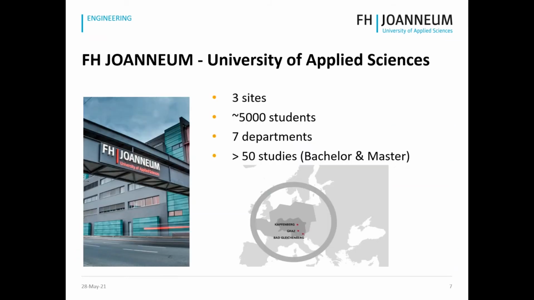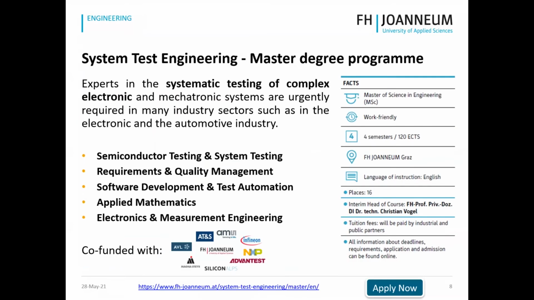All right, so the FH JOANNEUM, University of Applied Science, is located in Austria. It consists of 3 sites. There are more than 5,000 students, which I learned today, over 7 departments and 50 different studies, either bachelor or master or postgraduate programs. And the system test engineering master degree program is pretty new and part of the electronics and engineering department.